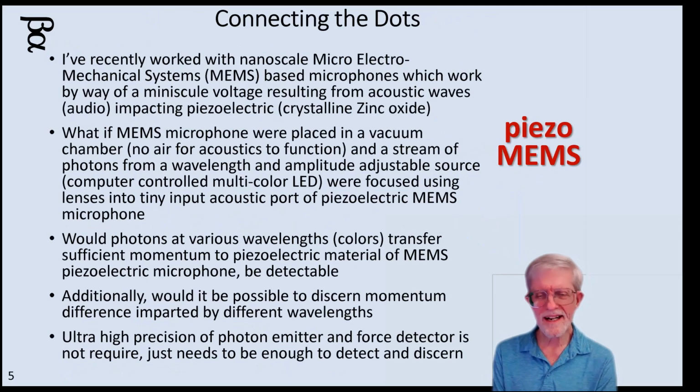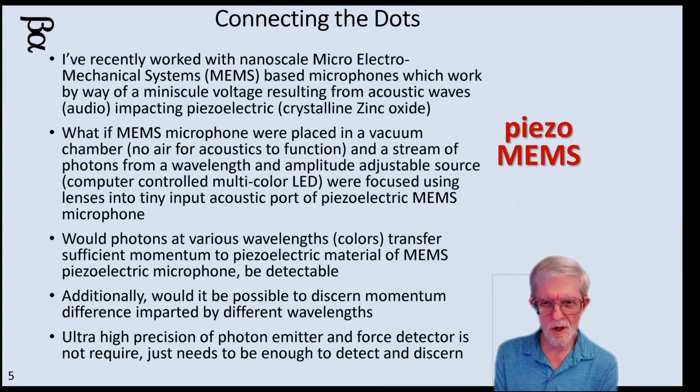So here's how I connected the dots. There are these things called micro electrical mechanical systems, or MEMS, and they use them with microphones. The little tiny hole you'll see in your mobile phone or your tablet or computer, that little tiny hole has a chip behind it. And that chip is a composite circuit.